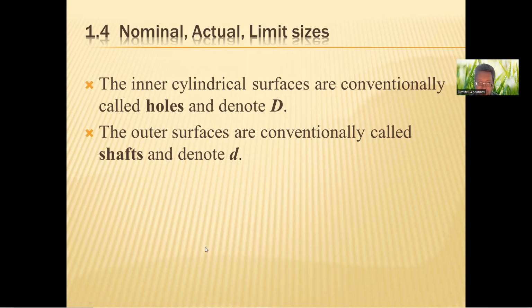Always write this down in your notes, always. Parameters for the holes use big letters. For the shafts, small letters. So for the holes, big D, for the shafts, small d.